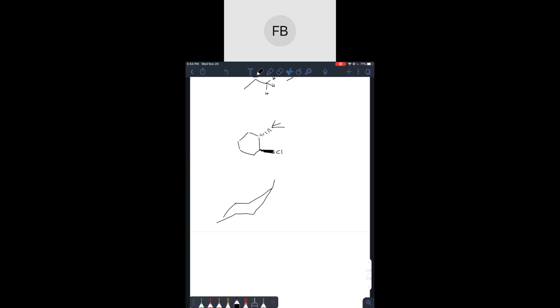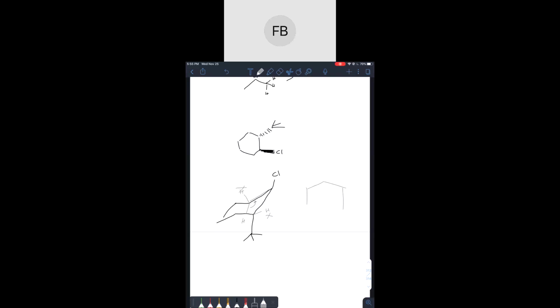You put your Cl going up, and then your tert group is going down. That means you only have an equatorial hydrogen here, and then you have an axial and an equatorial, so it can't react with those. The one it can react with is this one, so it'll form a double bond along this way.